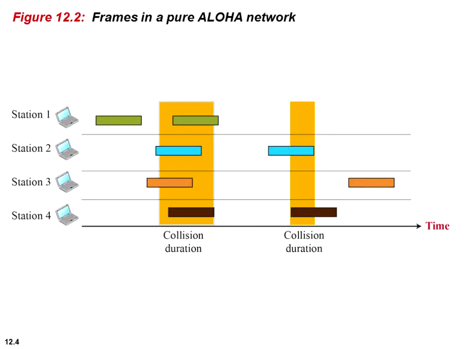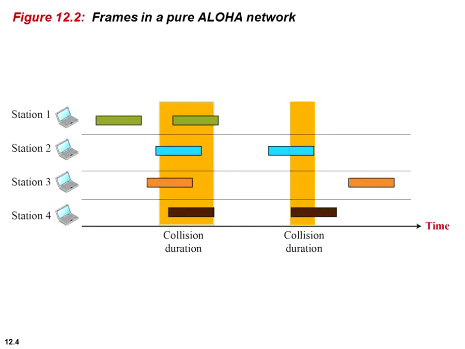This is a simple but elegant protocol. The idea is that each station sends a frame. As you can see over here, we have 4 stations: Station 1, Station 2, Station 3 and Station 4 respectively. Each station sends a frame whenever it has a frame to send. That is multiple access.